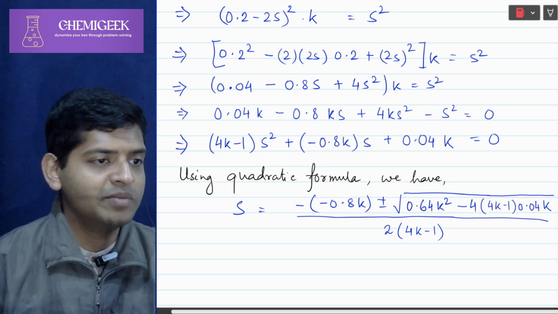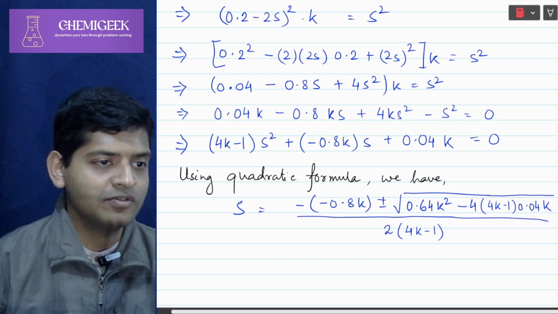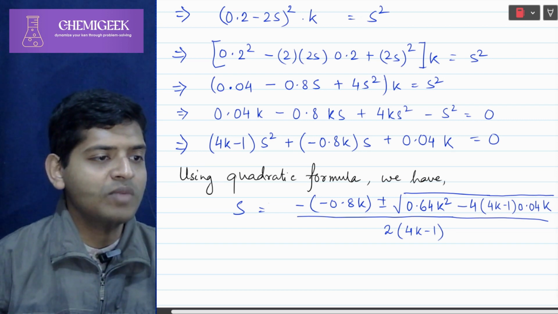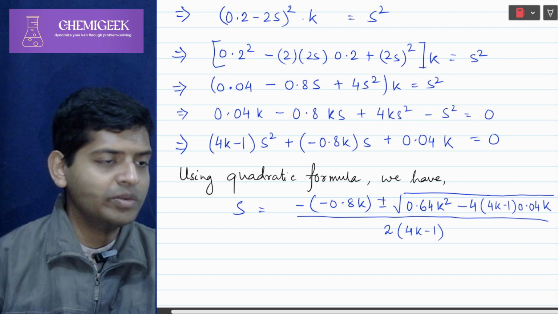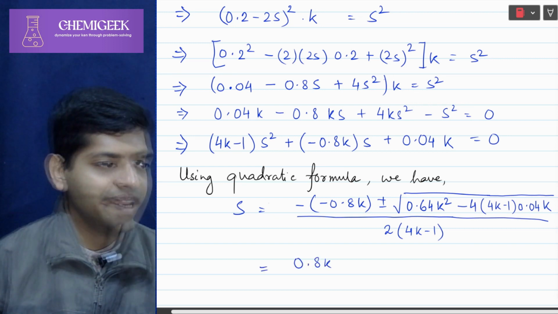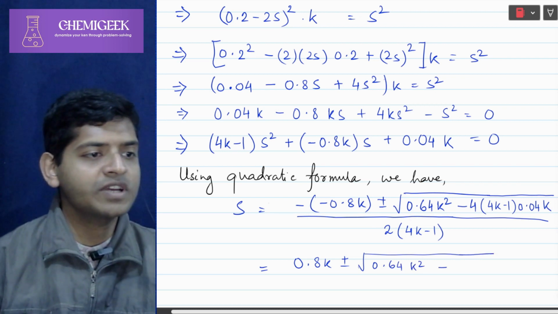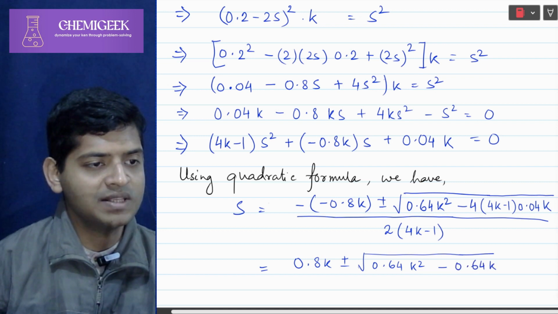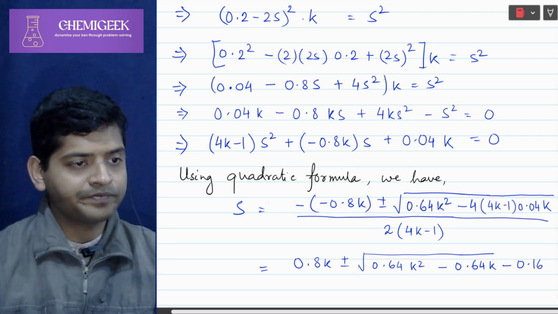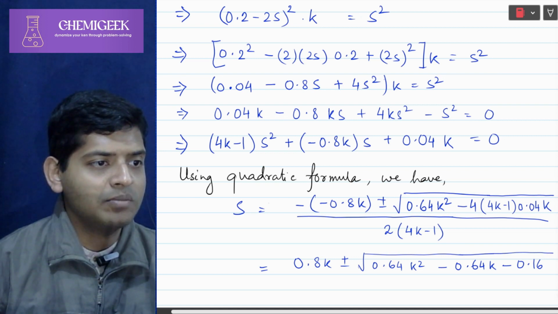So if we put that here, it becomes 4 into (4K minus 1) into 0.04K, divided by 2 multiplied by (4K minus 1), because in the denominator we have 2A. So S equals 0.8K plus minus root over 0.64K square minus 0.64K minus 0.16, divided by 8K minus 2.